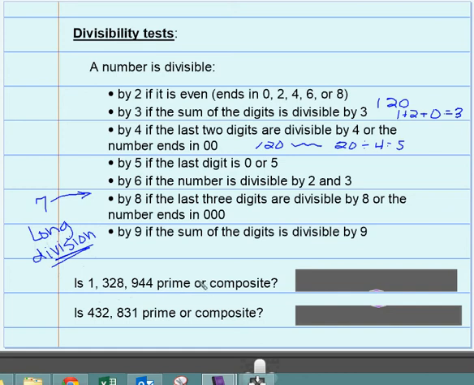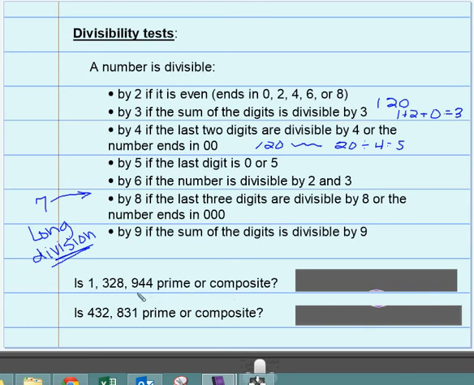So, I want you to decide if these two numbers down here, 1,328,944 and 432,831, are they prime or are they composite? So now what am I asking you to do there? Remember, if it's prime, the factors are 1 and the number itself.